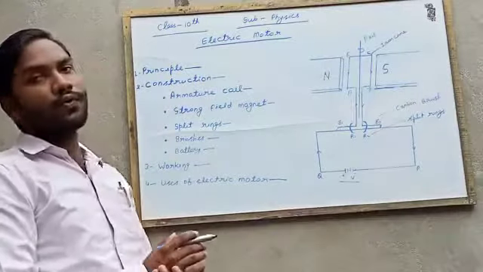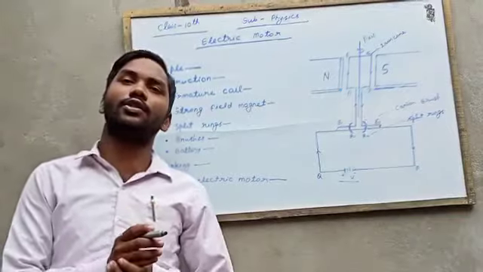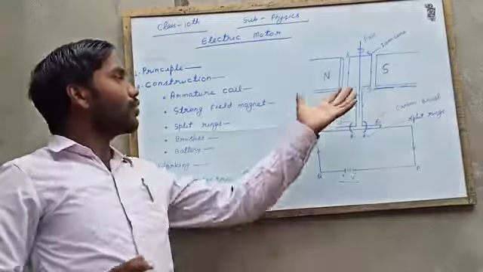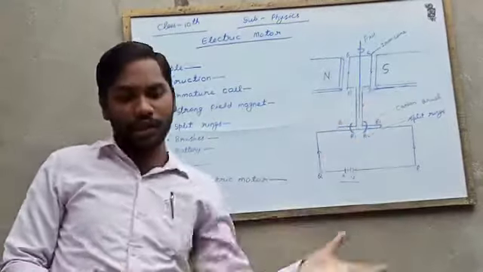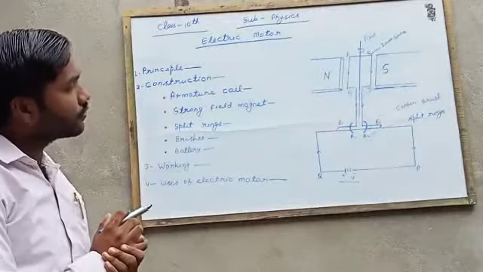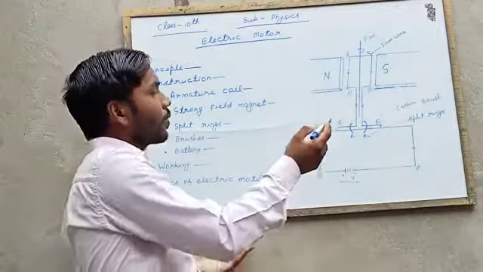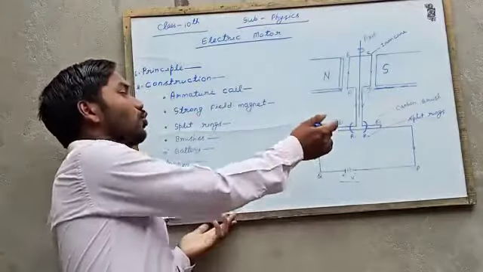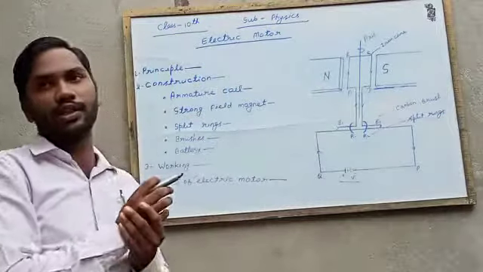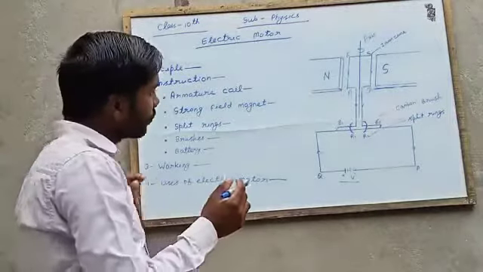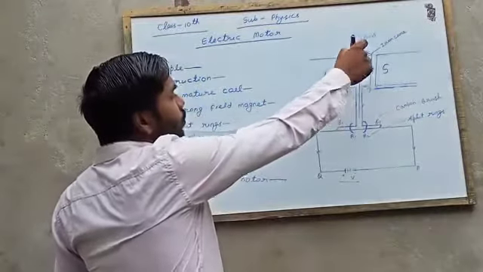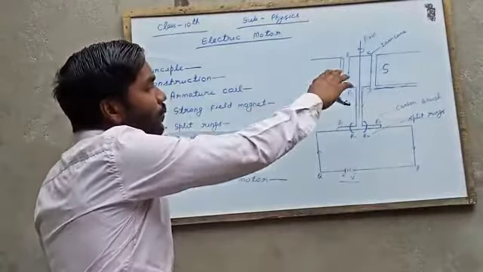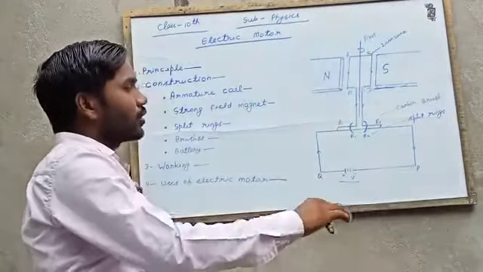After that, working. How it works. So you can see the connection here, how it is connected. When current is passed through coil ABCD, it will experience a force perpendicular to it.